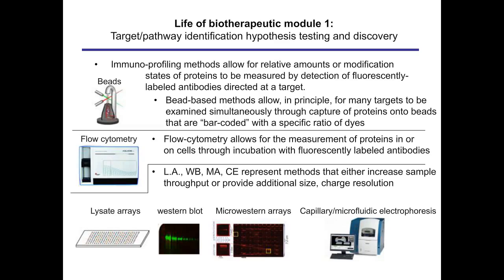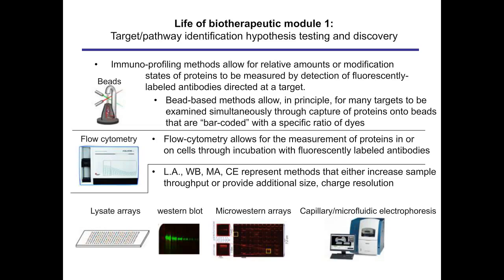And these beads are labeled with antibodies that are able to capture the proteins of interest, and then secondary fluorescent antibodies are used to quantify the abundance of proteins that are attached to the beads. So in theory, 100 or so proteins can be examined simultaneously through incubation of specific beads with cell lysates.